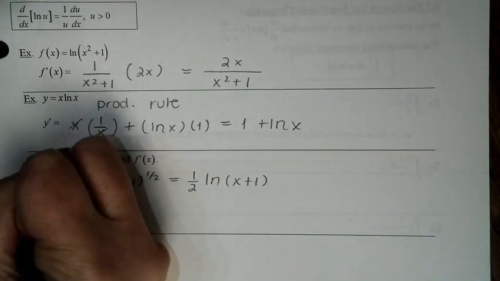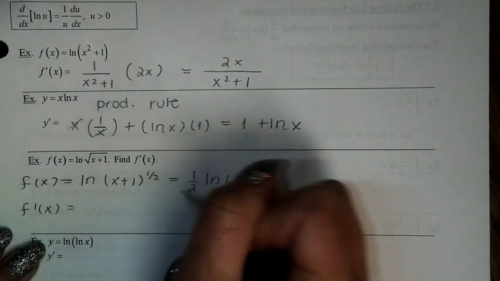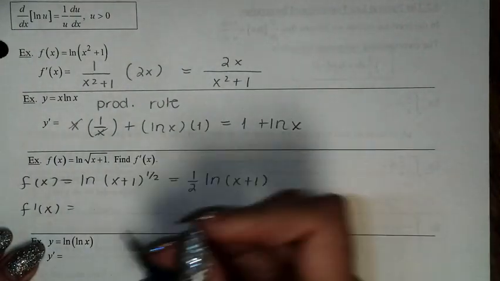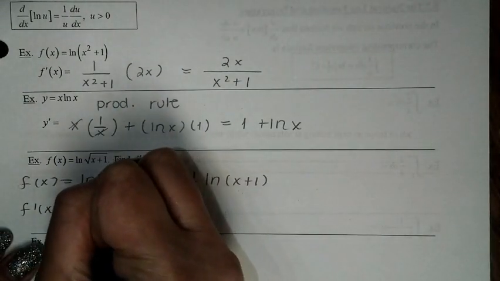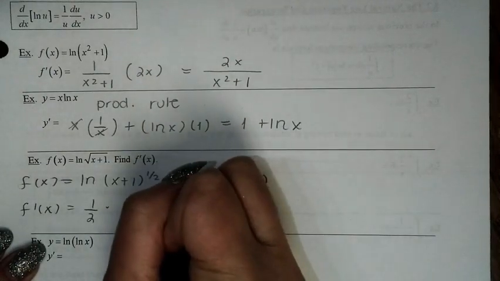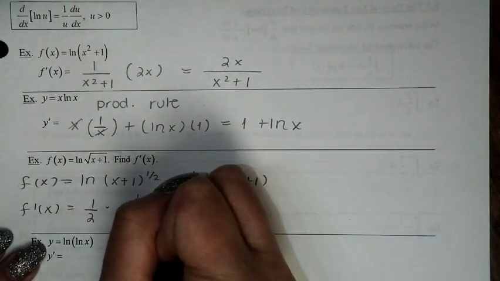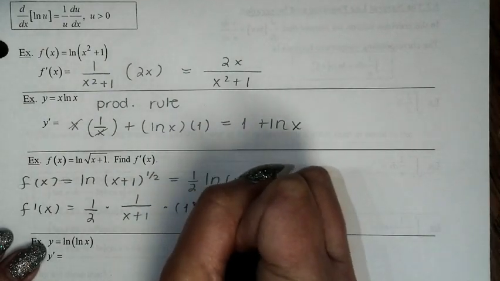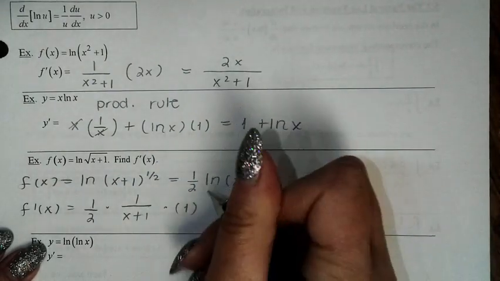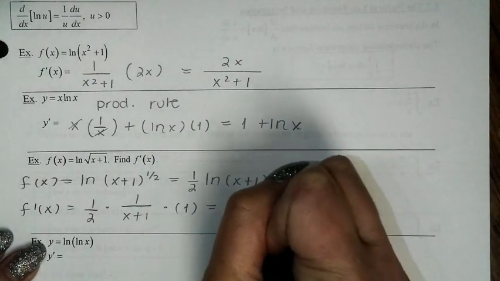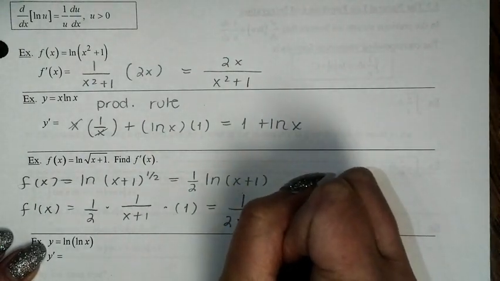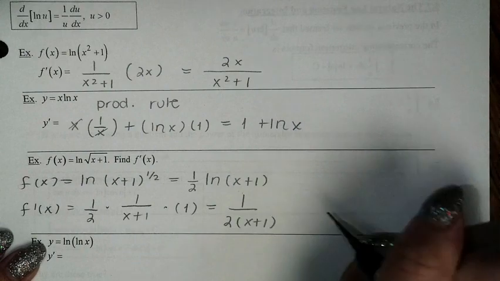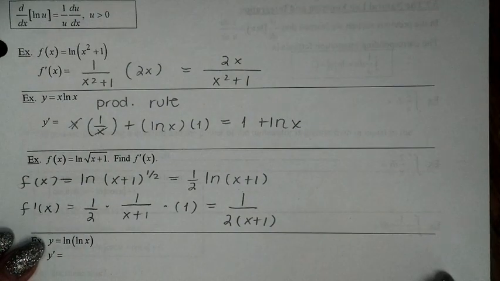So if I take the derivative of this expression instead of this one, I have that it's going to be 1/2 times 1 over (x + 1), because it's the derivative of the natural log, times the derivative of x + 1, which is 1. So summarizing this equation, you have 1 over 2(x + 1), and that's your derivative. Isn't that simple?